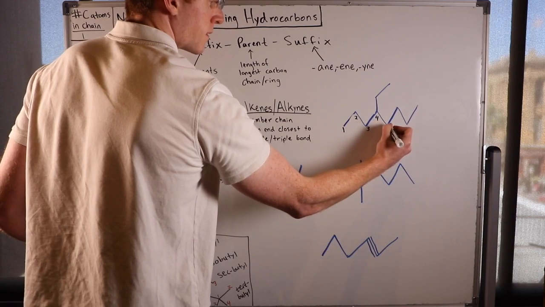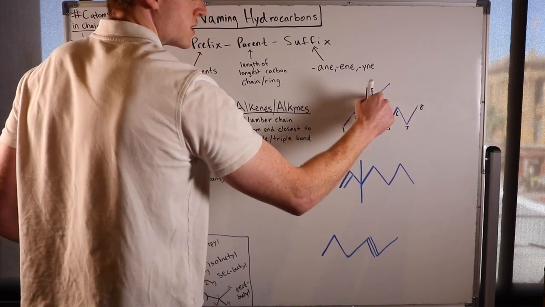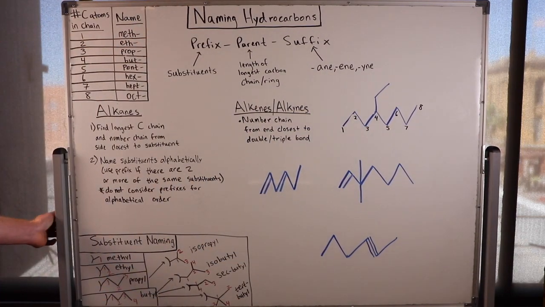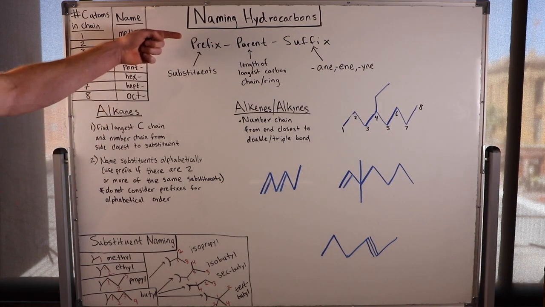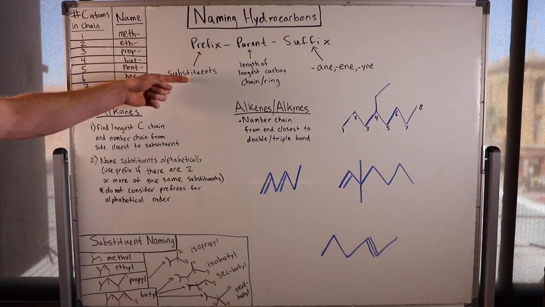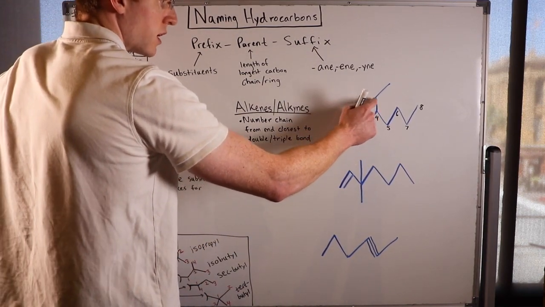So I'll go ahead and start numbering my carbons in my parent chain, which is the longest chain, from the side closest to the substituent, which was this here. And then I have to name the substituents alphabetically. So we only have 1 substituent, so we don't really have to worry about putting anything in alphabetical order. So remember, the general formula is we start with a prefix, and that's for our substituents. So we need to denote where this substituent is.